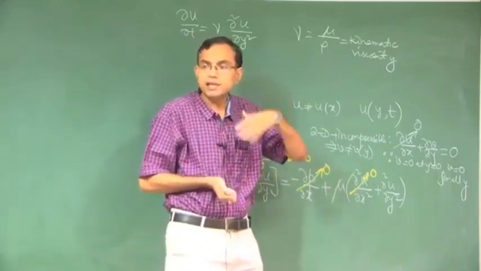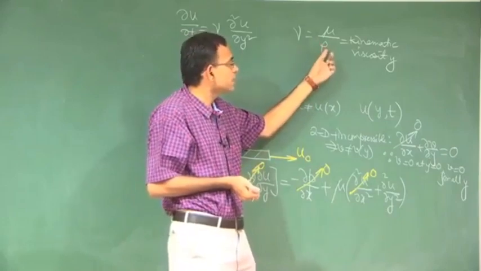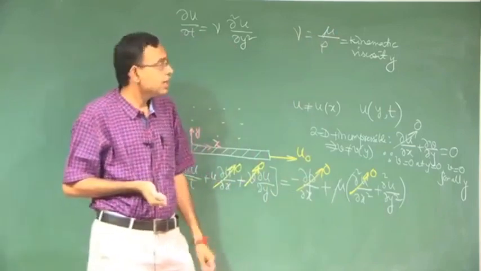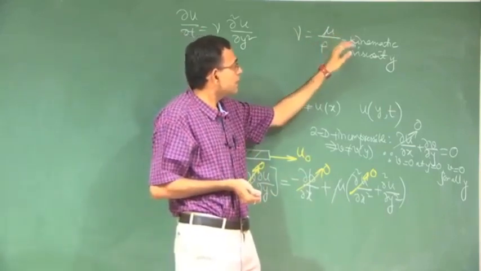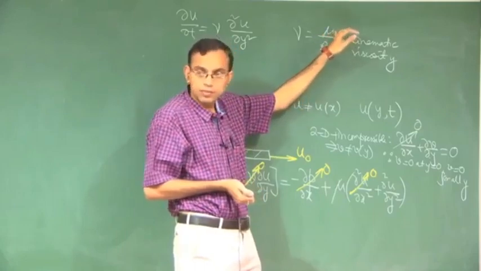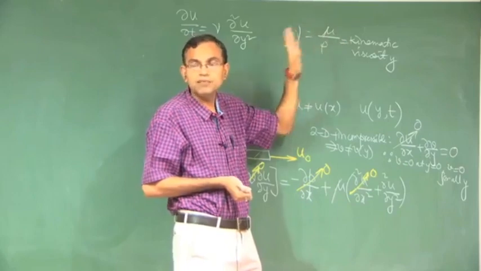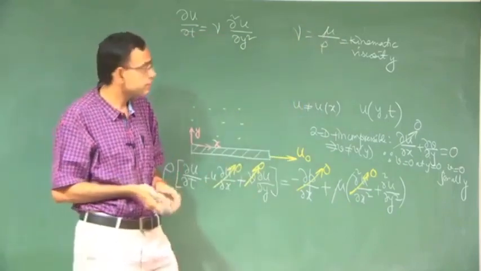Because mass is a measure of inertia and density is related to mass, this essentially represents the ability of the fluid to create a disturbance in momentum relative to its ability to sustain its momentum, and that is the physical meaning of the kinematic viscosity.